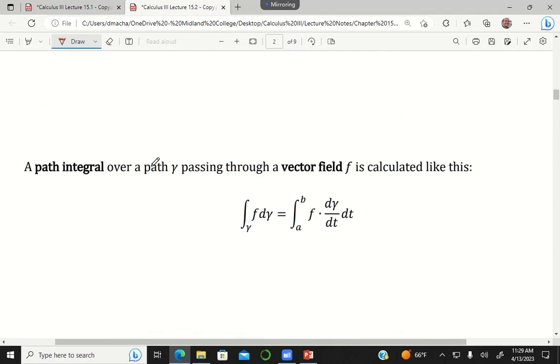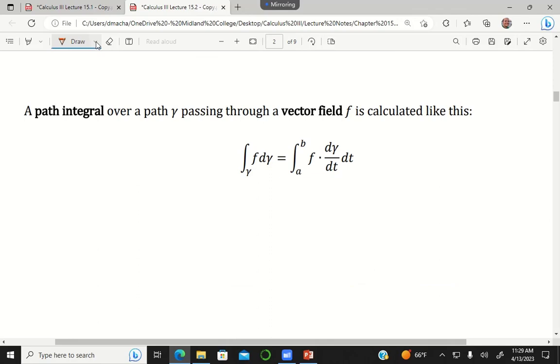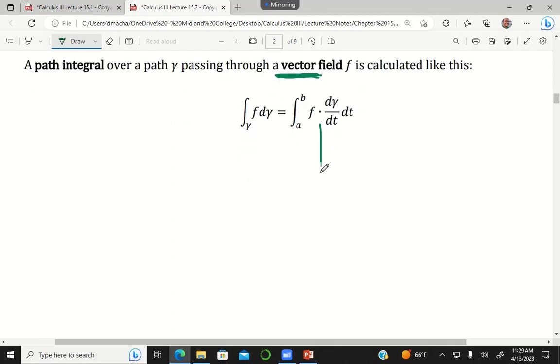Yeah. Okay. Then another different type of path integral is you might have a path integral over some path that winds through a vector field. And so for that kind of path integral, the formula would be to take the dot product, because we want the integrand to be a scalar, so this has to be the dot product.